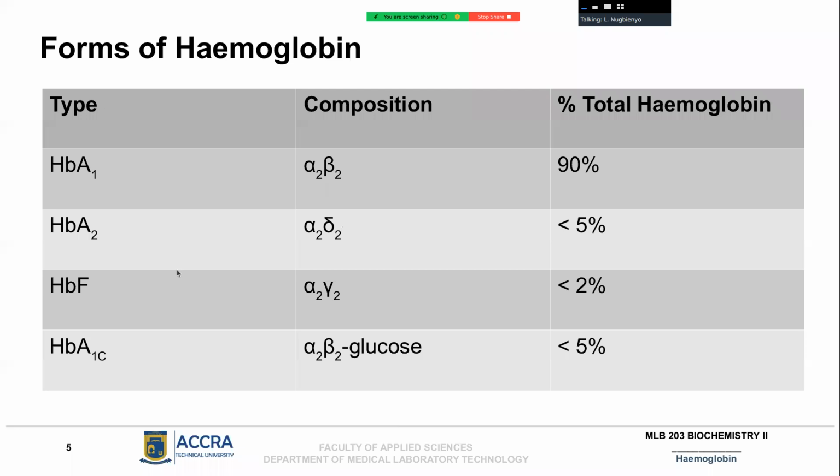And so we have this special hemoglobin, alpha and gamma, less than 2% in adults, but in the fetus, that is the major hemoglobin you find, which is carrying oxygen to the baby, and then carbon dioxide back through the placenta.